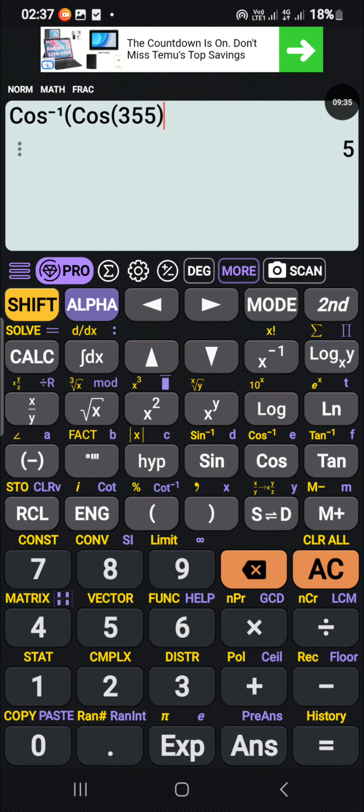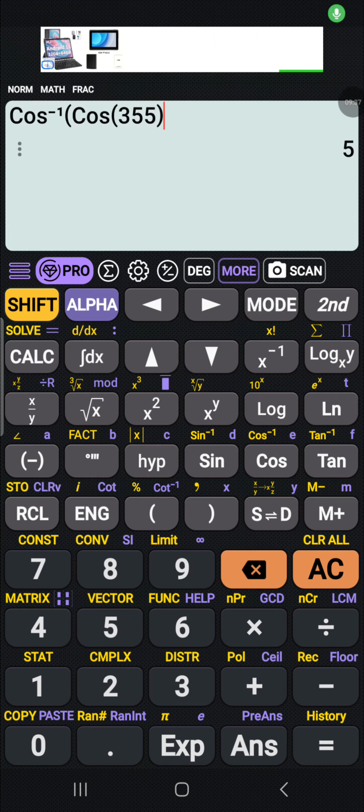This is sine 35 degrees. Now cos, we have cos of 355. You need to do reduction. So I use the arc method to actually do that reduction.